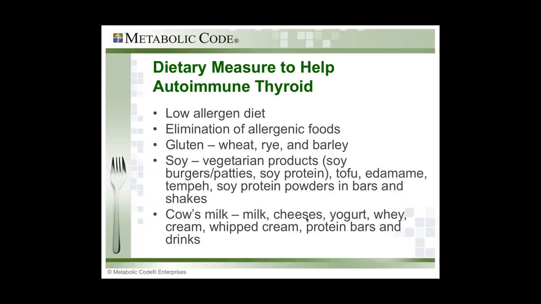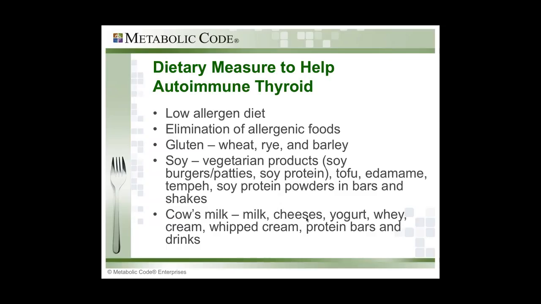A celiac person can be very sensitive to even that small, sometimes parts per million amount. But in autoimmunity, we find that if we get the gross amounts out of the diet, the large macronutrient, grams amount, that's usually adequate.